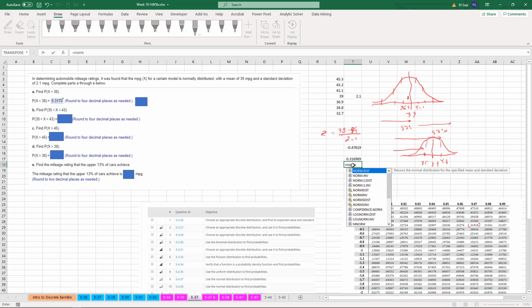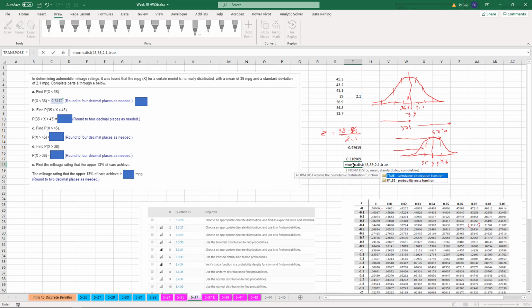Equals norm dist of 43, 39, 2.1, true. Okay, so 97% of the curve fits to the left of 43 miles per gallon.